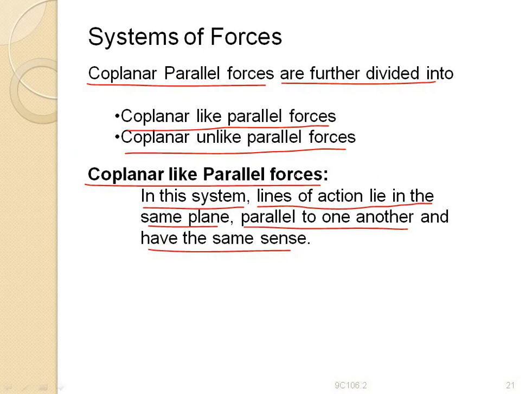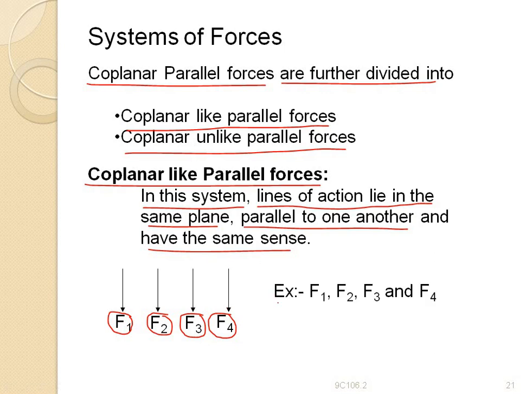So here you can see F1, F2, F3, F4. They are all parallel to one another, all acting as downward forces. So that's why we call them coplanar like parallel forces.